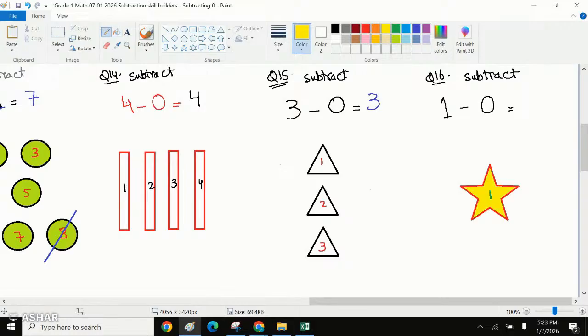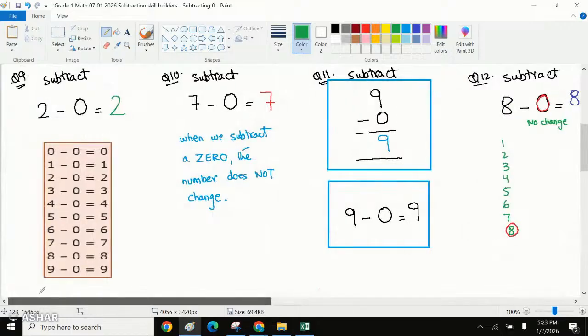Yes, you would still be left with the one sticker. That means 1 minus 0 stays as 1. Agreed? It will always stay as the same number. Moving ahead to the next question.